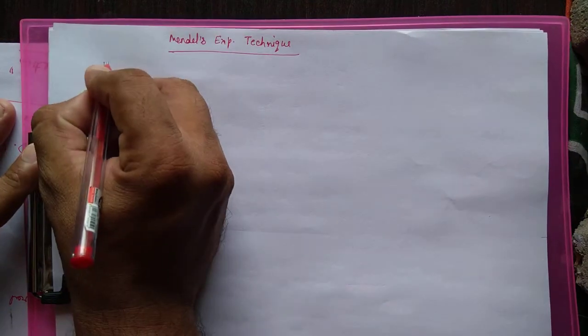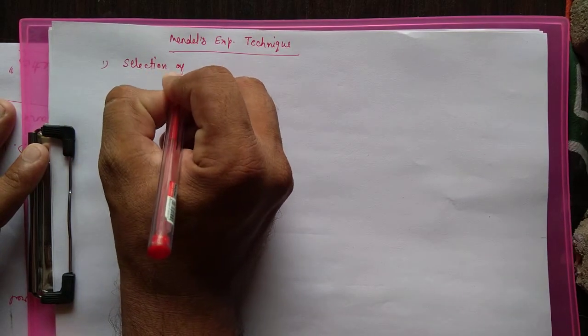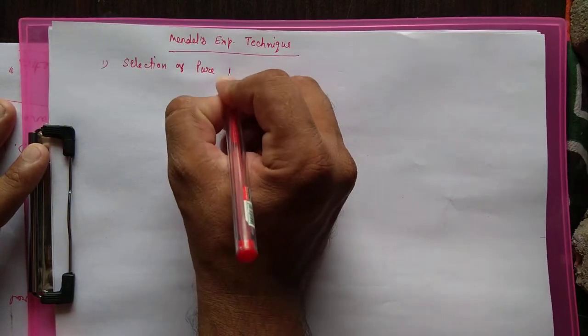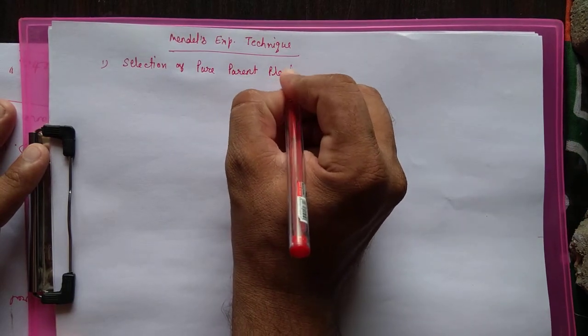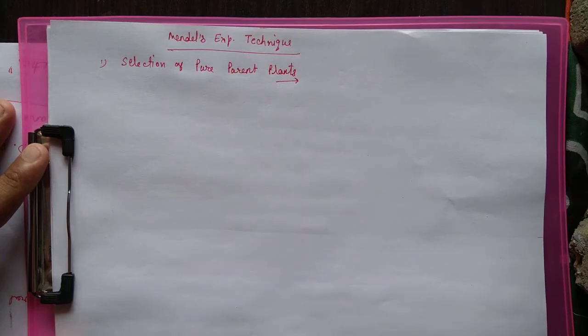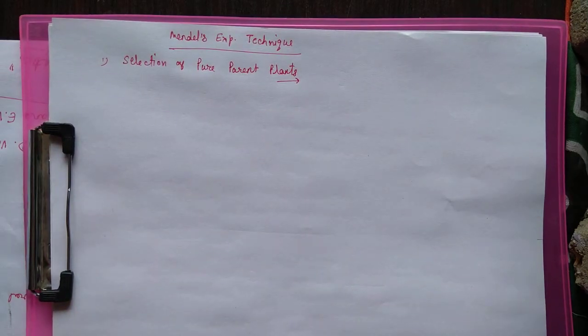First step is selection of pure parent plants. Means Mendel selected only the plants which have pure characteristics, with the characters which transfer from parents to offspring.